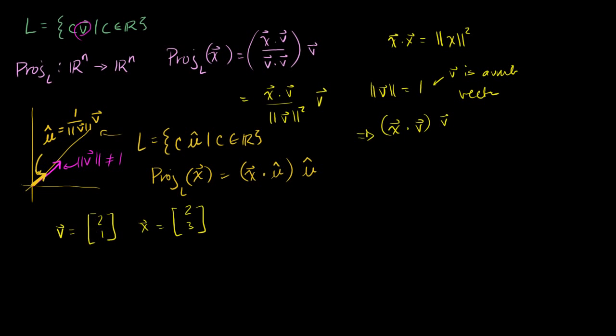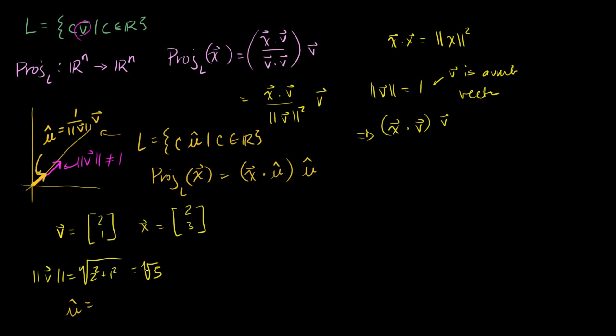And the way you turn it into a unit vector is you figure out the magnitude. So in this case, the magnitude of v is equal to the square root of 2 squared plus 1 squared, which is equal to the square root of 5.